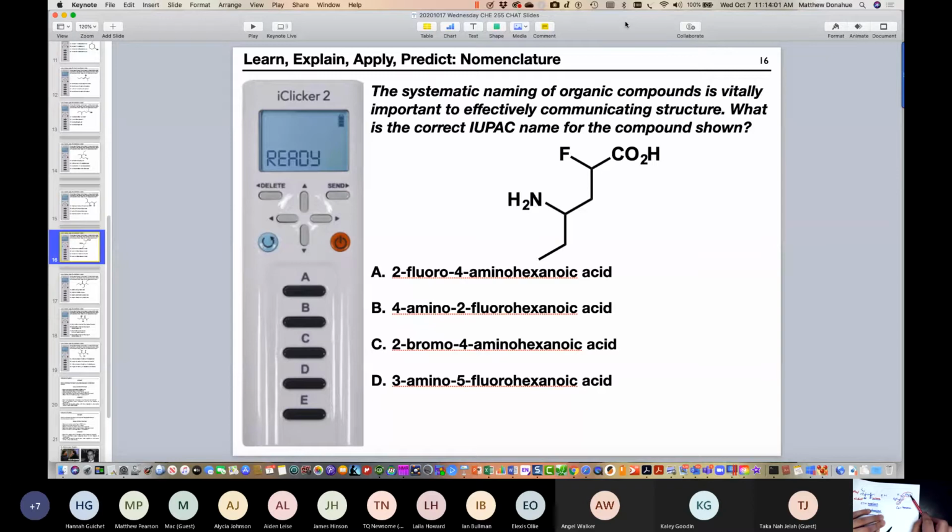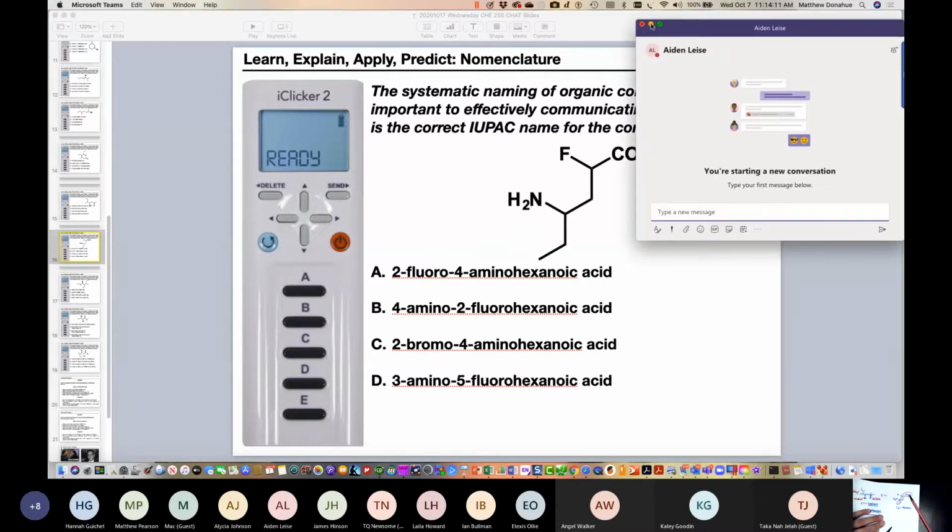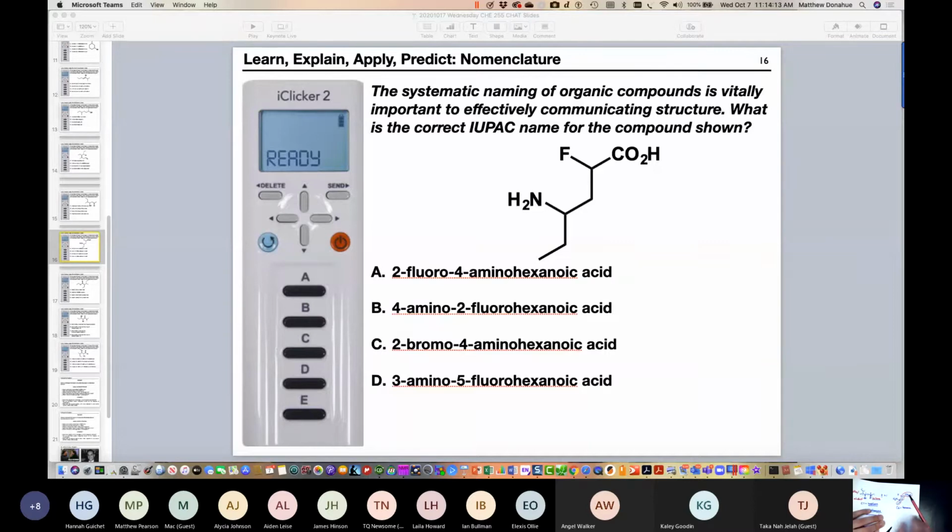See this group here? What group is that? Yes, Mac, let's use the full term there. So carboxylic acid.